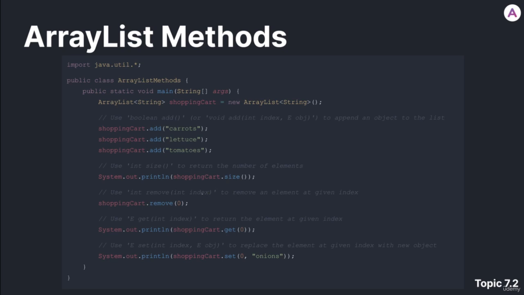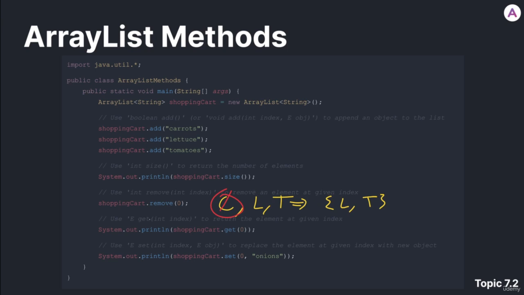So what would that be? Well, if our current list is carrots, lettuce, and tomatoes, and I abbreviate C for carrots, our carrots are going to be removed from the list. So our array list is only going to contain lettuce and tomatoes, because we removed the element at the 0th index successfully.